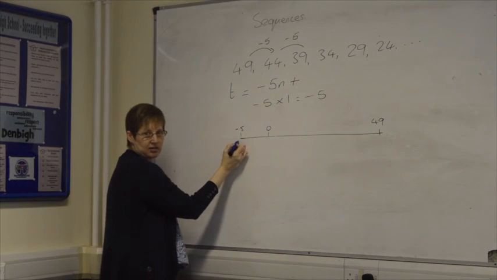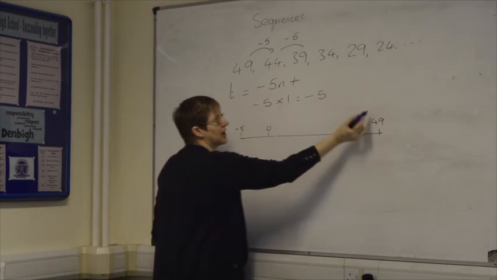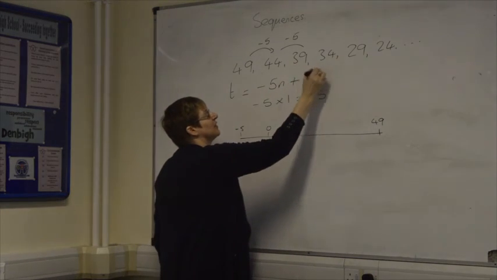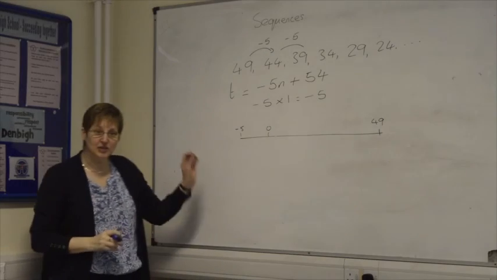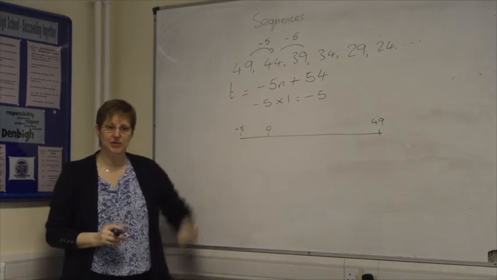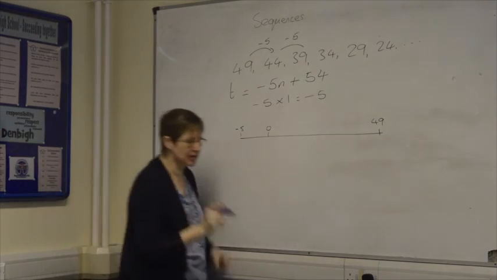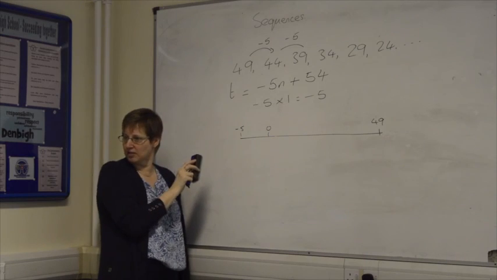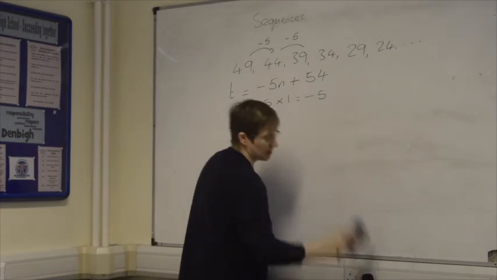I'm starting here, and I want to get all the way up to here. 54. There you go. Plus 54. If you visualise something as a number line, you can see exactly what you need to do, can't you? And you can't always without. So always think about a number line, draw it. Is everyone happy with that? Can you see? Right, let's try one more.